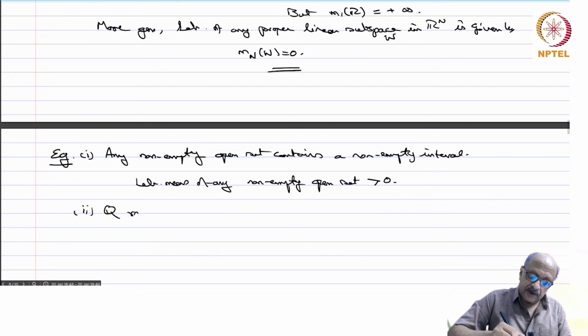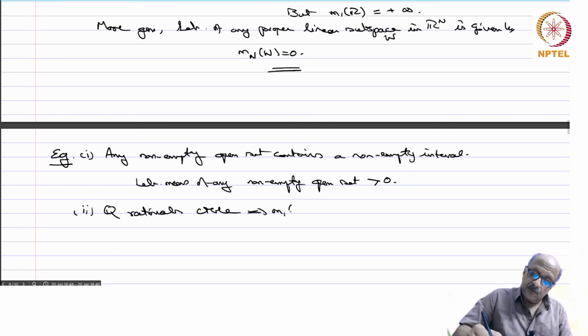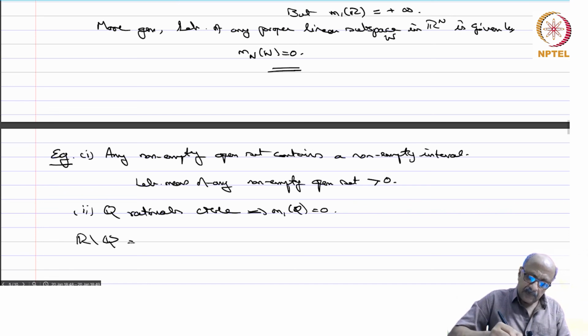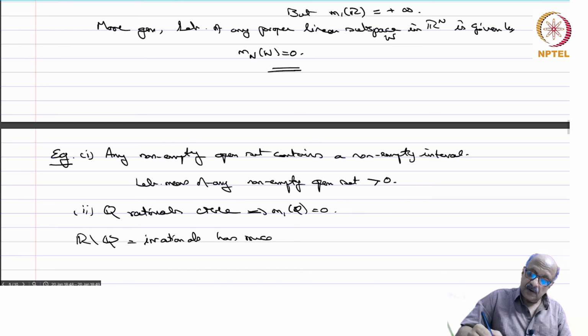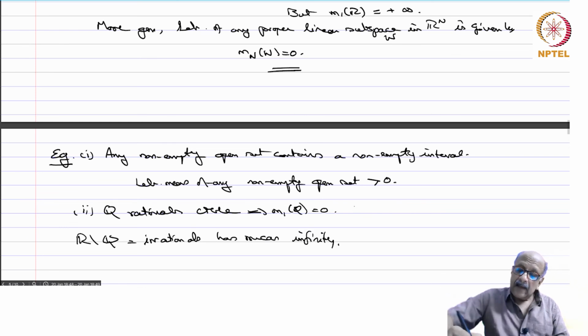Q, the rationals, is countable, which implies the measure of Q is equal to 0. So Q complement, so R minus Q, equals the irrationals, has measure infinity, and both are dense sets.